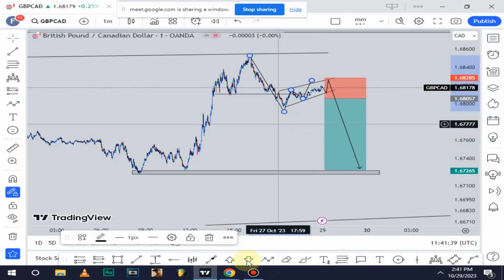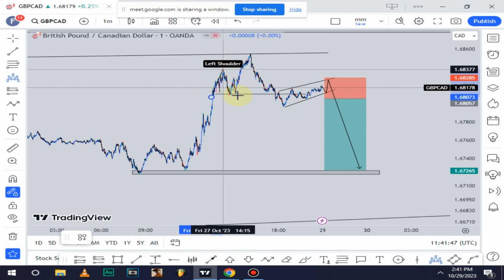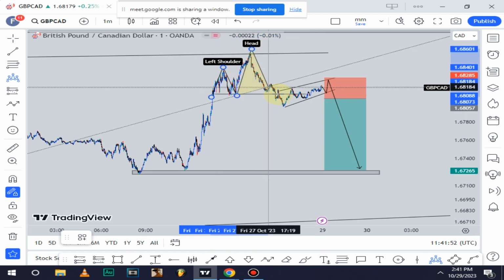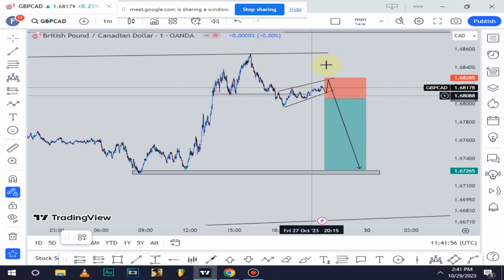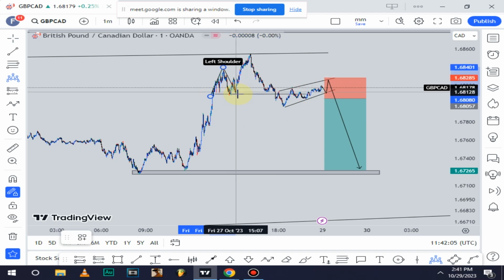Let me just draw that once again. With the left shoulder and the head, of course. We had this with the left shoulder right there, the head, of course.